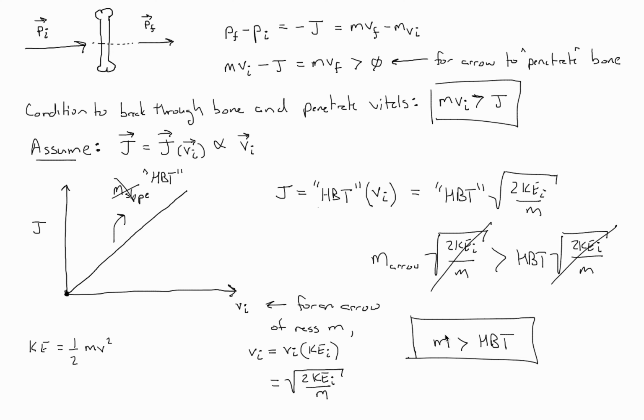If an arrow is above that mass, you're going to get an increased number of successful penetrations, whereas if the arrow is below that mass, you're going to start seeing issues of the arrow not going through those bones.